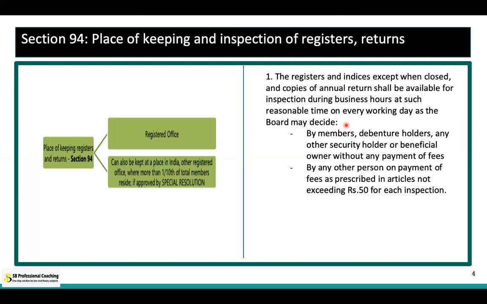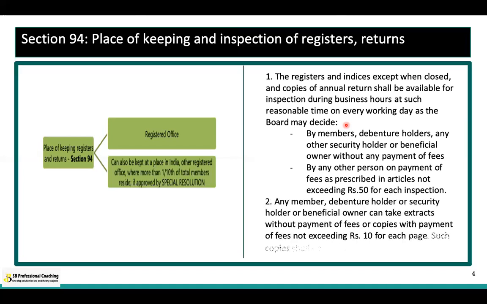Now point number two speaks about extracts or copies that you require. In case a member, debenture holder, security holder or beneficial owner wants extracts, then such person can take extracts without payment of fees, or copies with payment of fees.